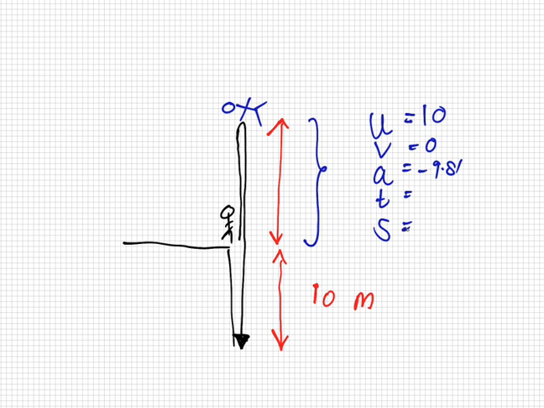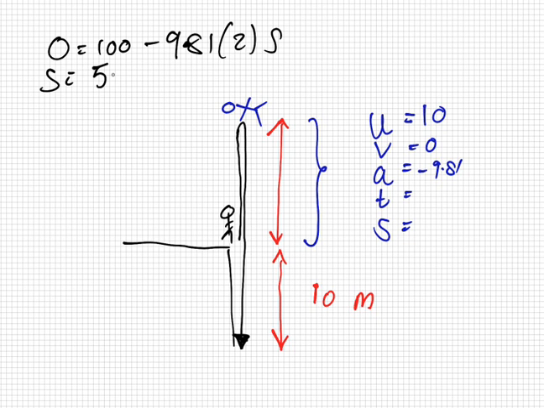S? Don't know. What formula will we use? We'll use V squared equals U squared plus 2AS. So I get S equals 5.1 meters. So what's the total distance he travels?